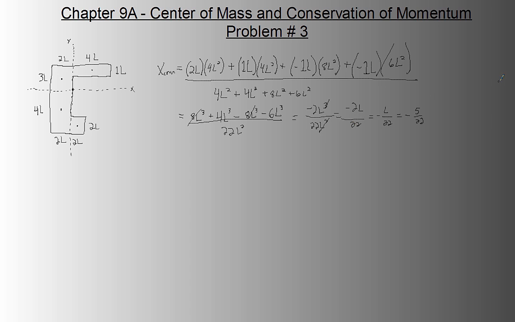This is 11. Over 11. 2 over 22 is 1 over 11. So negative 5 over 11 centimeters.